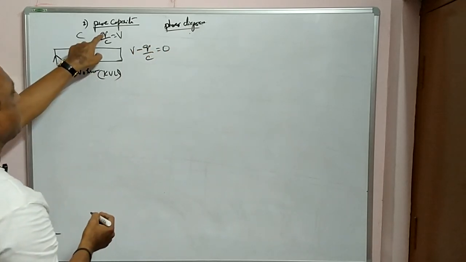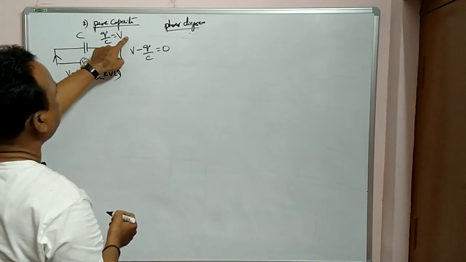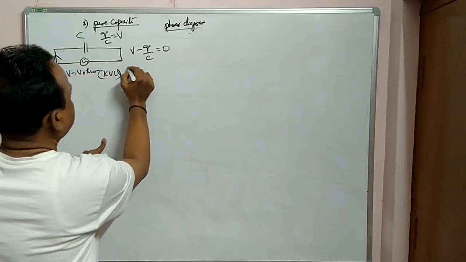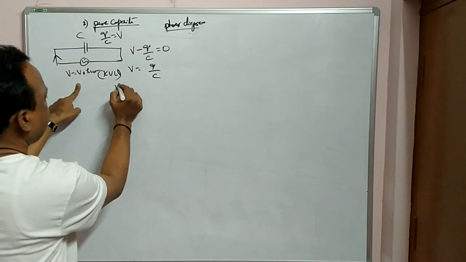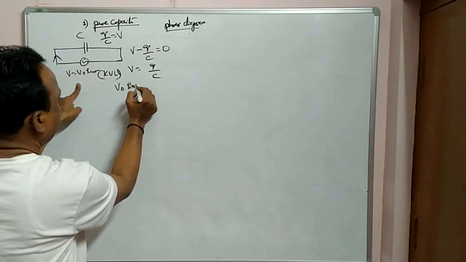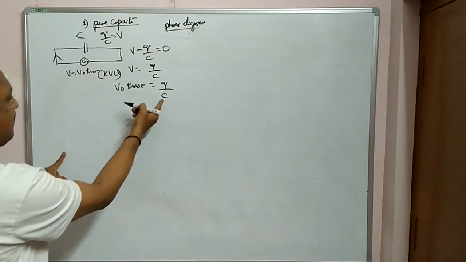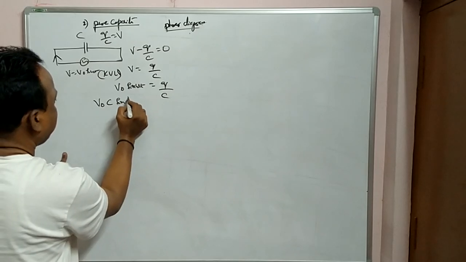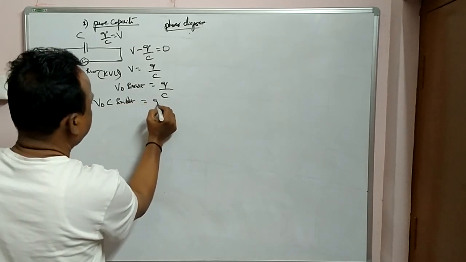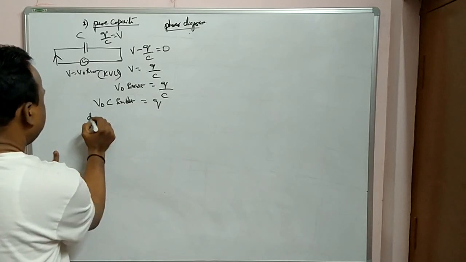Why have I written Q by C? What is the voltage here? Q is equal to CV, so Q by C. So again V is equal to Q by C. But what is V? V0 sin omega t is equal to Q by C. Or V0 C into sin omega t is equal to Q. But how to get I? Derivative.